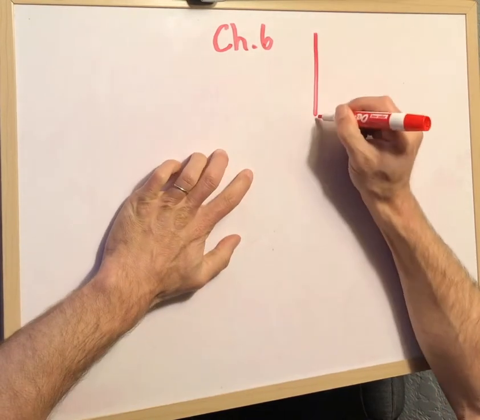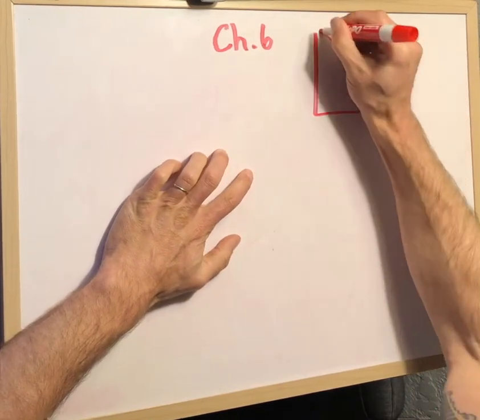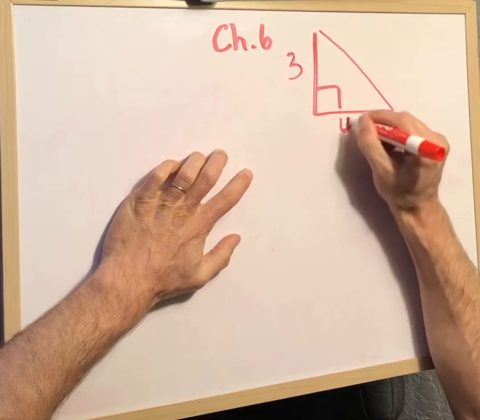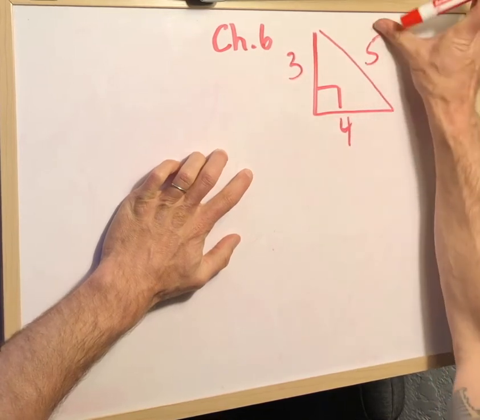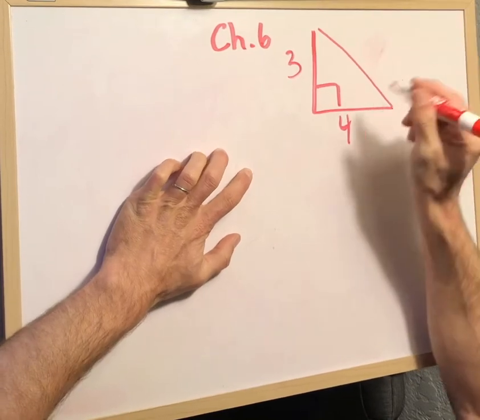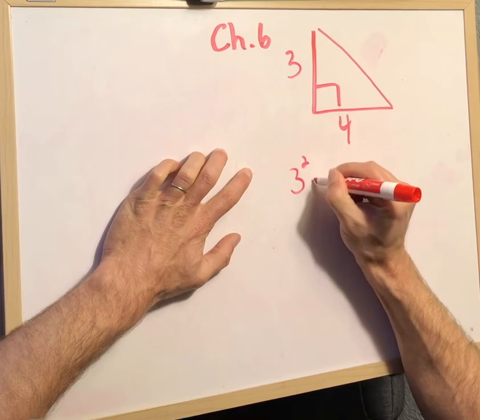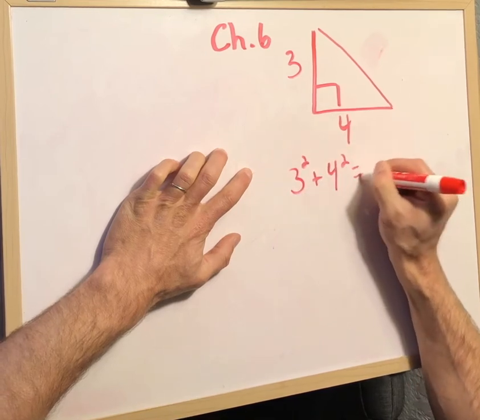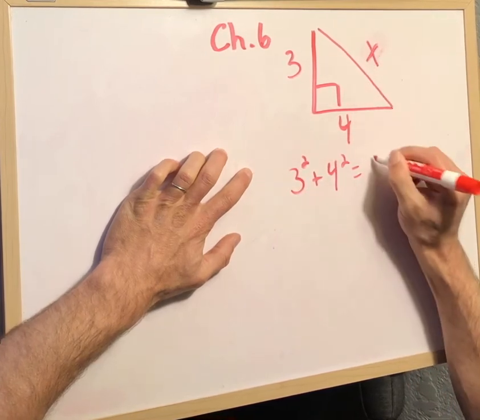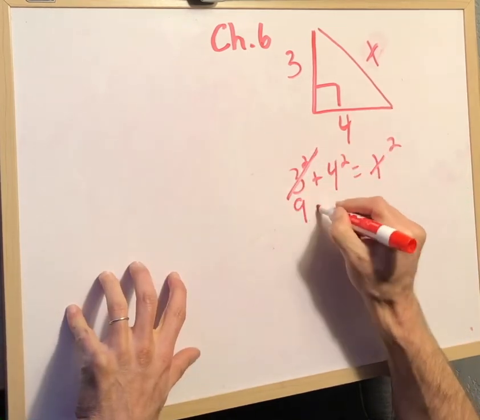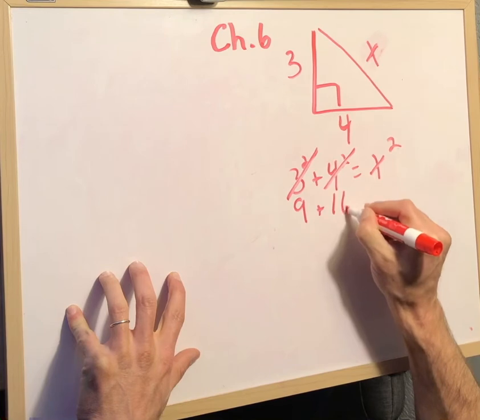So remember the Pythagorean theorem, you learned it last year in IM1. Let's say this is 3 and this is 4, and you have to find what this side is. Remember, it's just the shorter legs squared. 3 squared plus 4 squared equals whatever this side is squared. 3 squared is 9 plus 4 squared is 16.